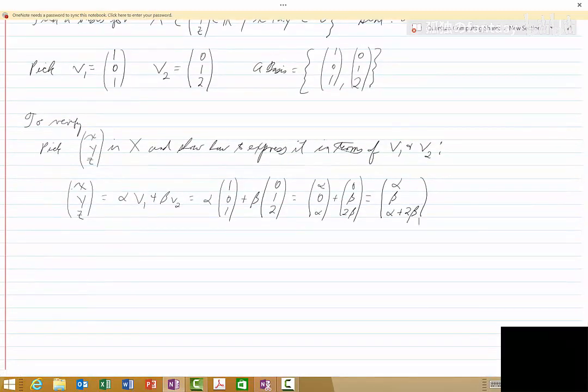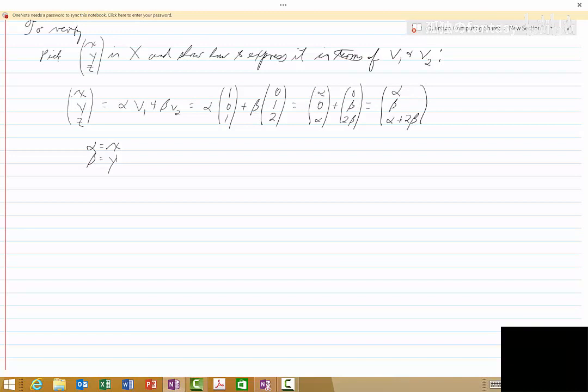And now again, we want this vector to be equal to the vector on the left. And so that tells us immediately that alpha must be chosen to be equal to x, and beta must be chosen to be equal to y. And I claim that if we make that choice, everything will work out.